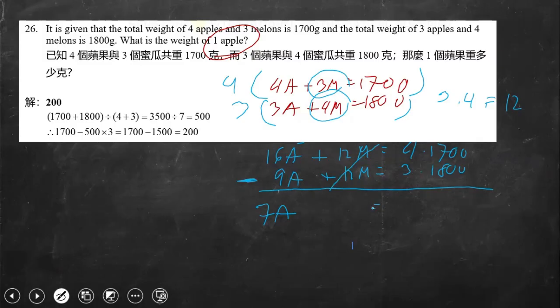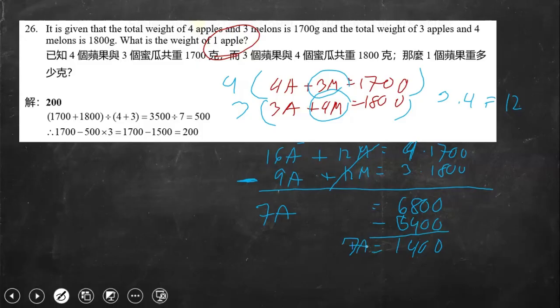Okay, let's get the value of this. It's gonna be 6,800 minus 5,400. Okay, that's going to be 1,400.